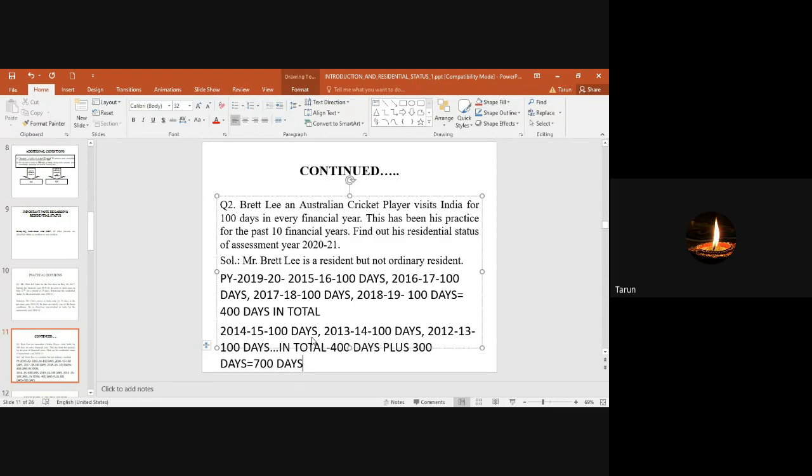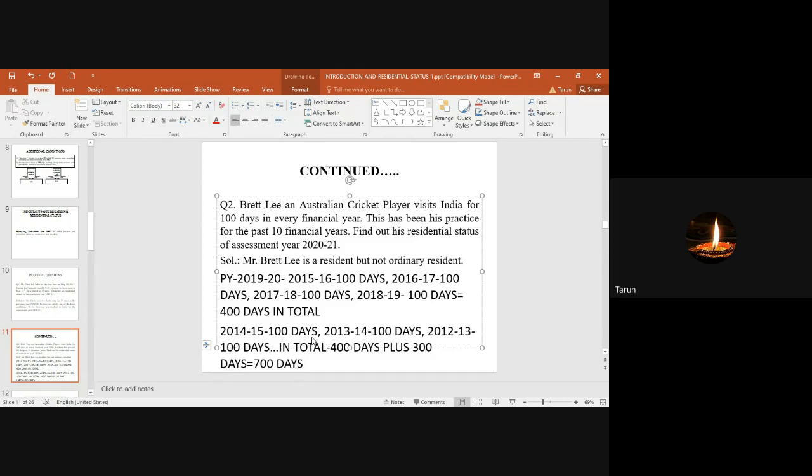So unfortunately, Bradley has not satisfied the second condition during the 7 financial years out of 10. If we take the 7 previous years, it only covers 700 days, right? And the candidate needs more than 730 days. So unfortunately, Bradley has not satisfied the additional conditions.